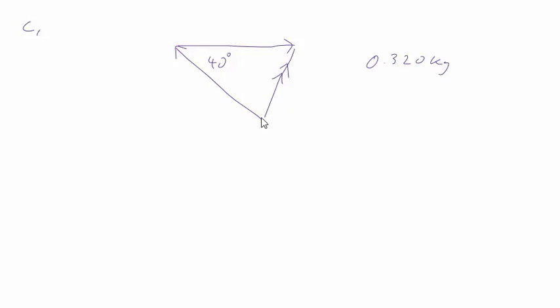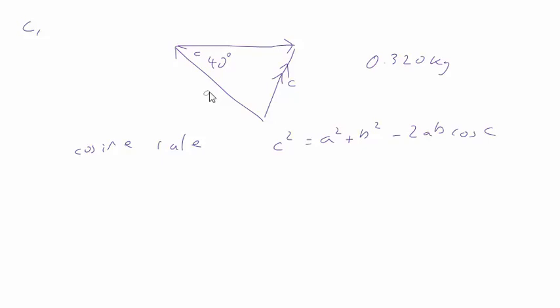Okay, for this we can use the cosine rule, where c squared is equal to a squared plus b squared minus 2ab cos c. This is c, this is side c.